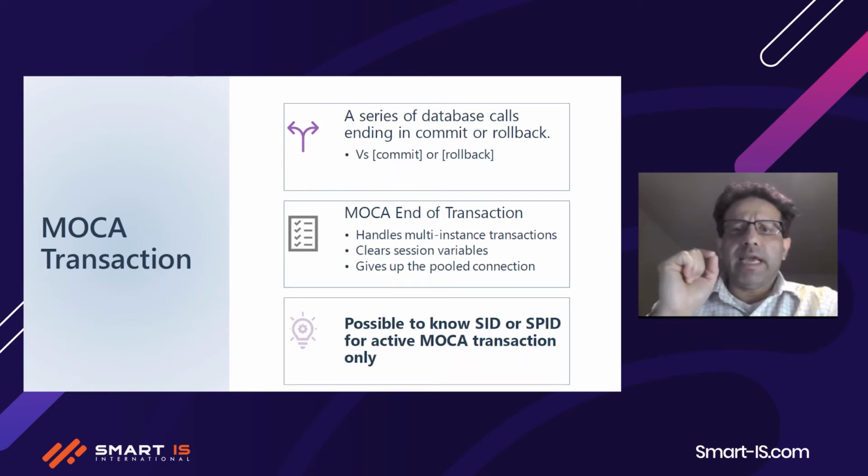Again, very important caveat that I'm talking about commit or rollback, which is Moca commit or rollback. If you put a commit or rollback within square brackets, which would be SQL commit or rollback, that is not ending a Moca transaction. Again, very important caveat that we have to understand that what ends a Moca transaction is the commit and rollback.